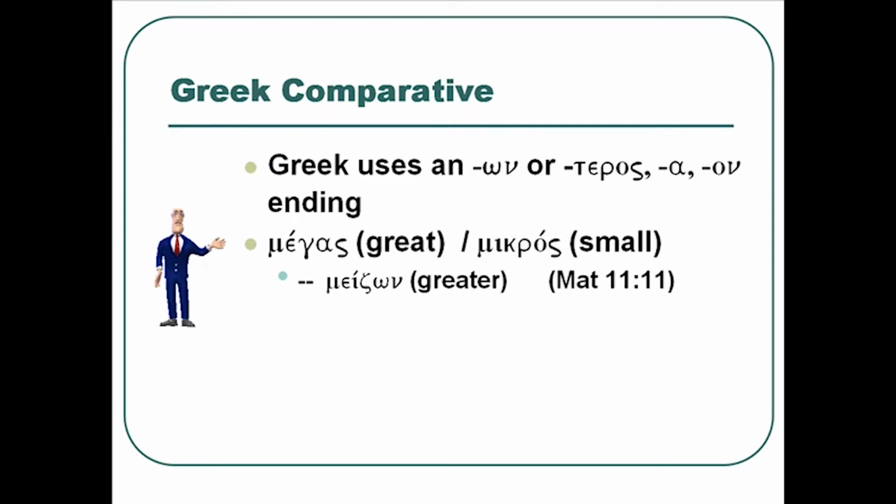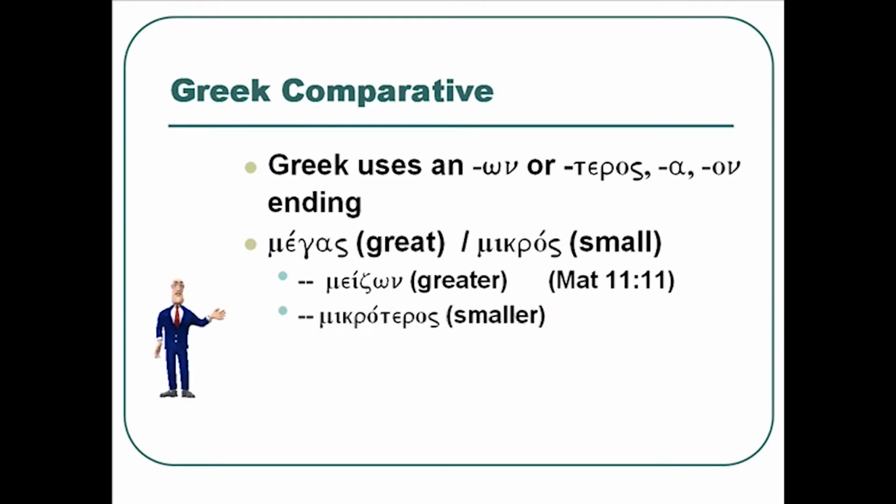So it's meizon, means greater. Mikros, on the other hand, small becomes smaller by adding the -teros in the end. So it's mikroteros, means smaller. And so that's how the comparative is formed, with the -ion or -teros ending placed on great or small.